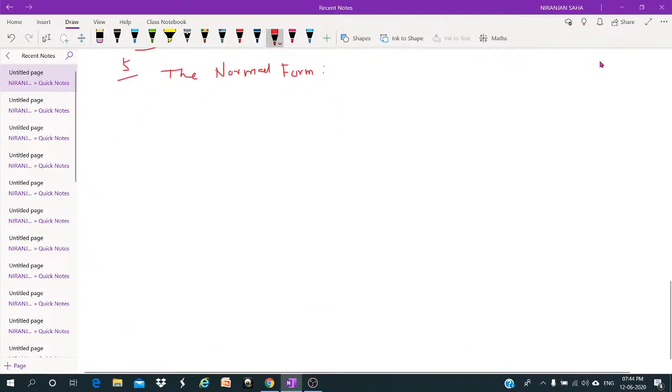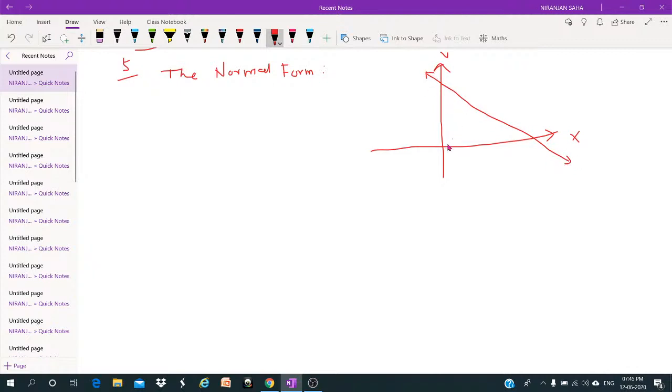Here we will draw axes. This is the x-axis and this is the y-axis. And we will draw a straight line here. This is the straight line.